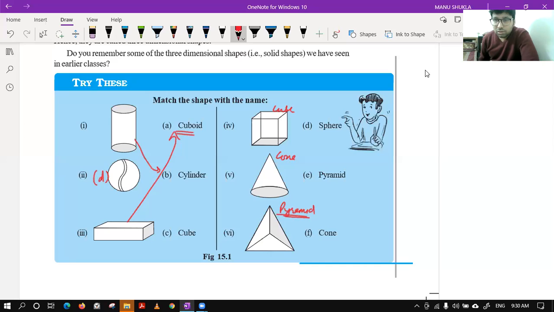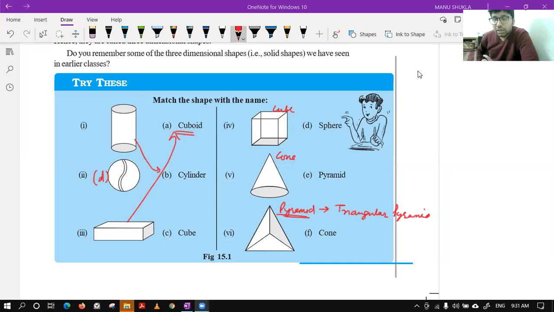Okay. Now this is your triangular pyramid, because the base is a triangle. You can see in this case the base is a triangle, that is why it is known as a triangular pyramid. And if you remember, I've told you the difference between pyramid and prism.